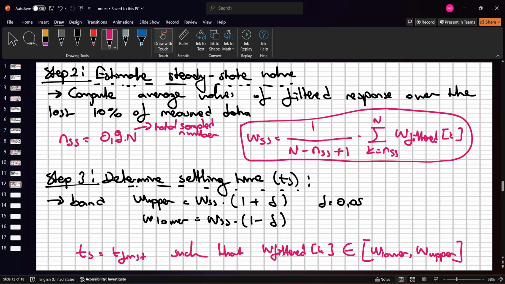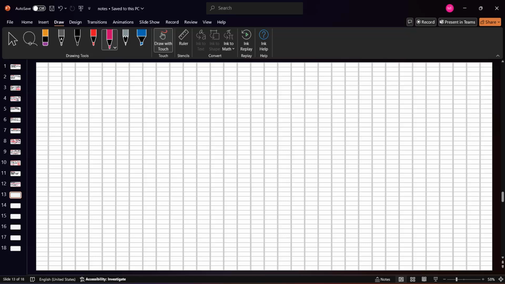If we search the whole filtered data, looking for W lower and W upper, and our filtered k is between the W lower and W upper value, we should assign ts at that point, the first time. Okay, this is how we can determine the settling time for a given graph or measured data. This is step 3.